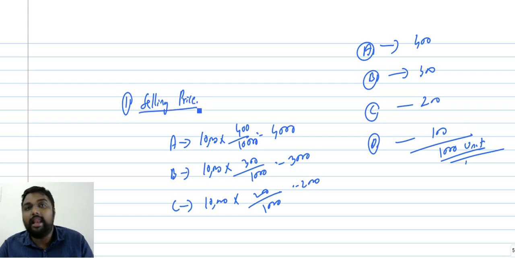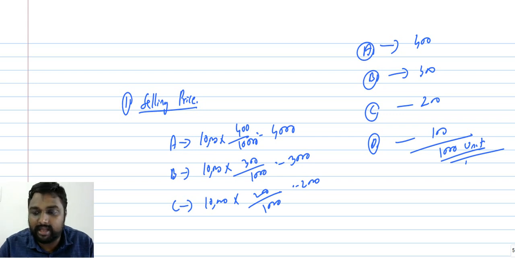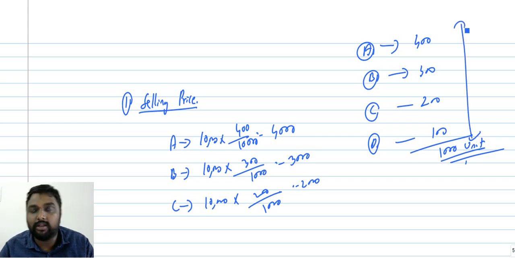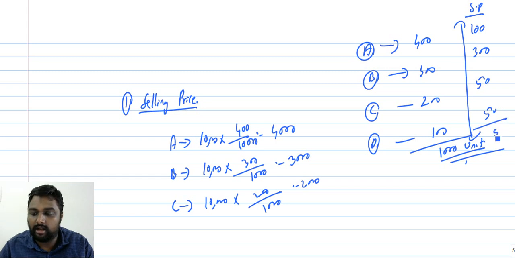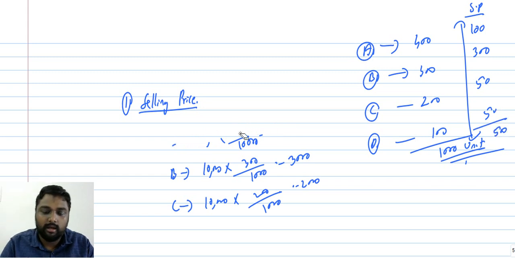Let's say the selling price of A is 100, here it is 300, here it is 200, not 200, 50. So total selling price is 500.